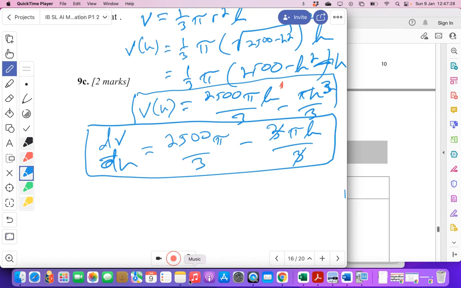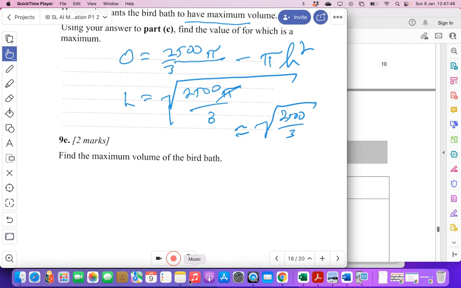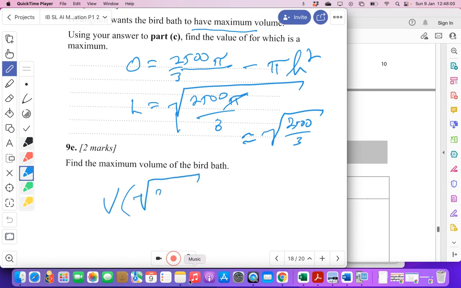So when I substitute that into the equation, I get 2500, V as a function of h. So what is V for the square root of 2500 divided by 3?